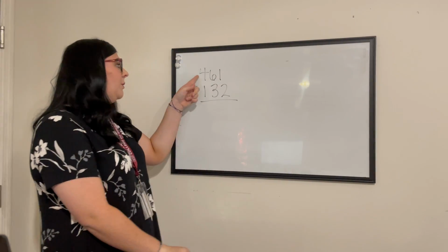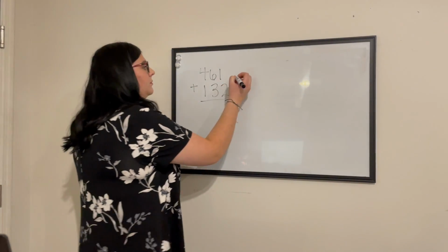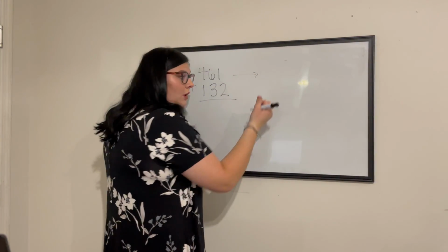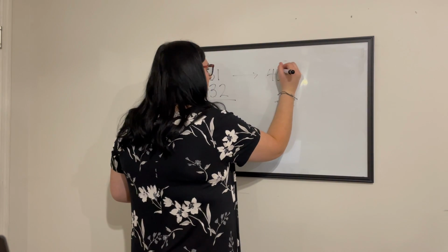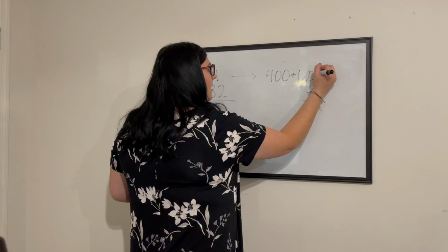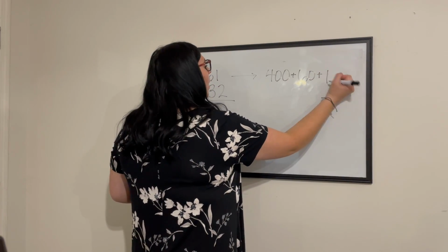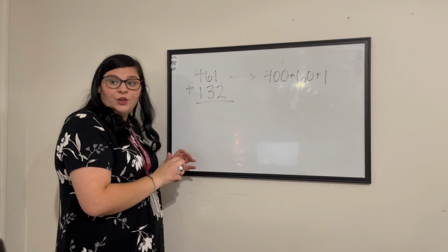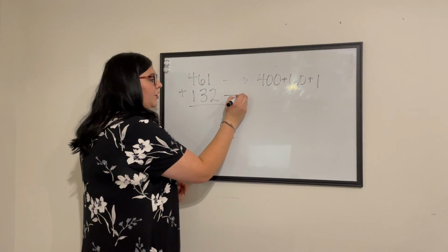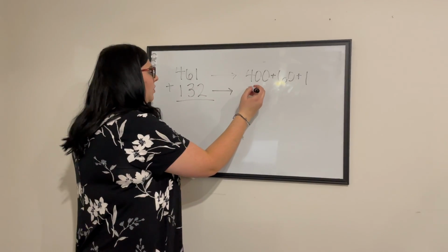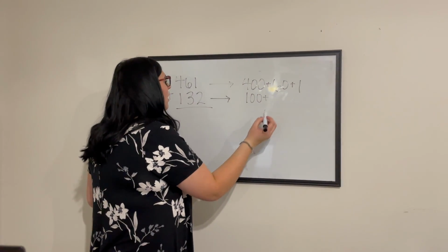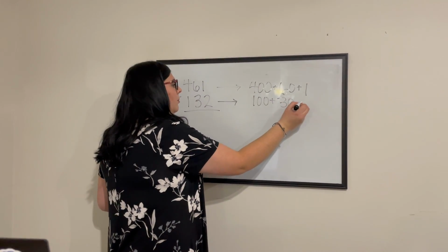The expanded form of 461, which is 400 plus 60 plus 1. And the next thing that you wrote was the expanded form of 132, which equals 100 plus 30 plus 2.